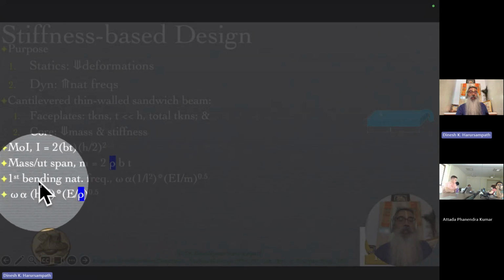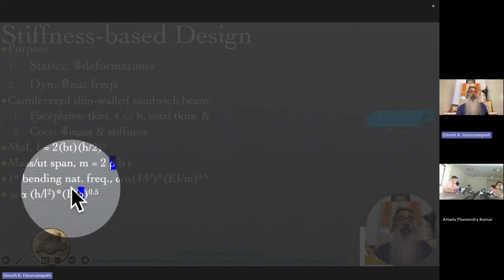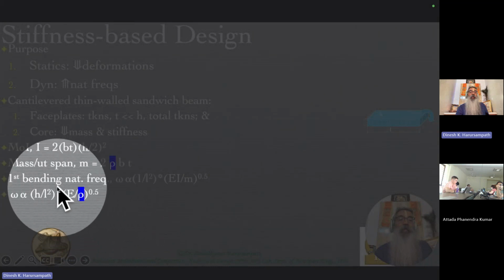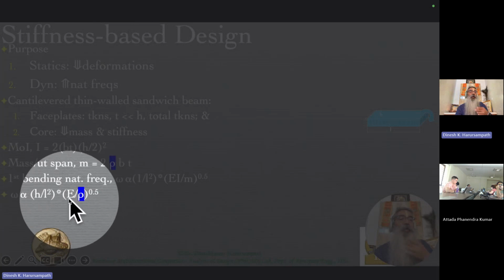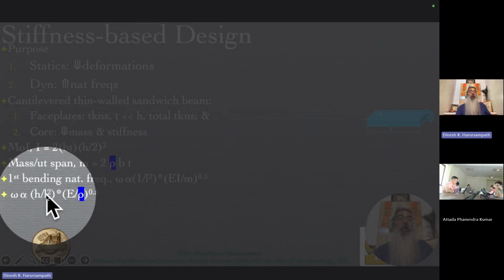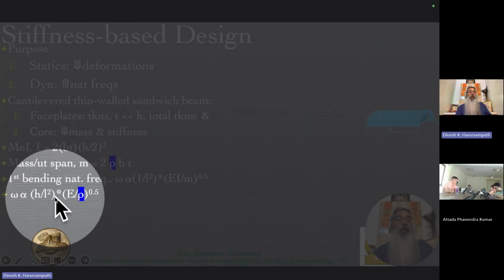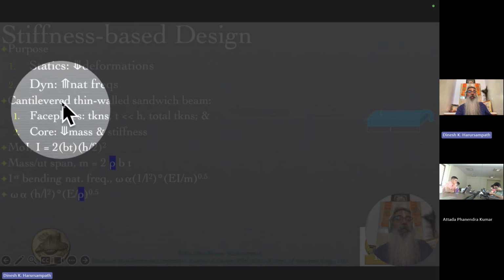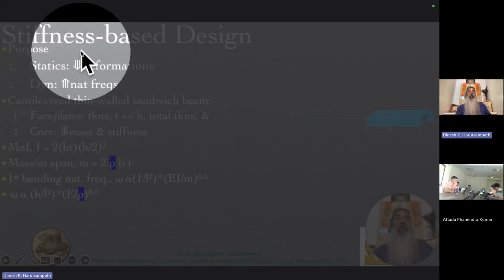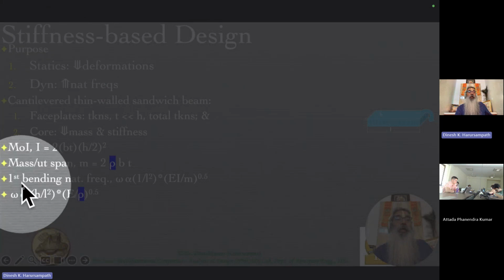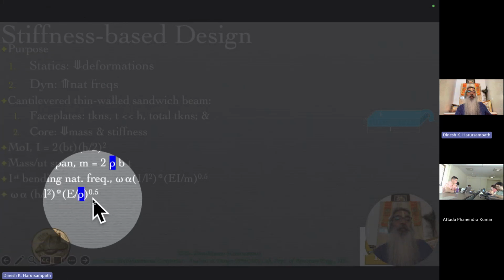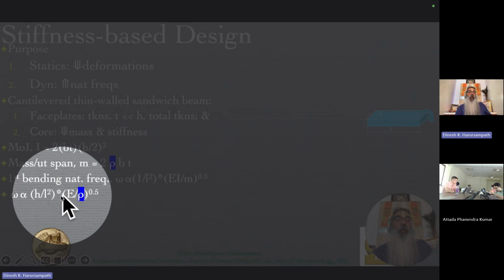Here you see the first factor is h by L squared, which is a geometric factor, and the second factor is E by rho to the power half, which means square root of E by rho, and that's involving only material properties, both E and rho being material properties. So just like in the previous slide when we were talking about the strength-based design instead of stiffness-based design, there is an influence of geometry and an influence of material as well.